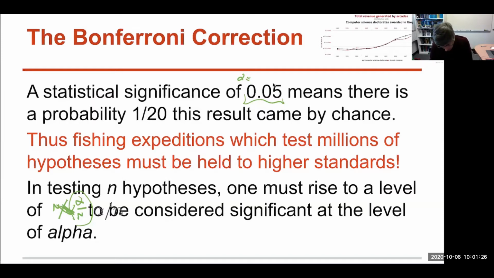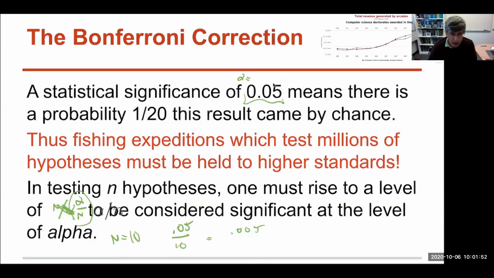So what happens if, let's say, I was testing 10 hypotheses and I wanted to have some result that I believed with a probability of 1 out of 20? Well, if I divide this by 10, this comes out to be 0.005, right? And this would be 5 out of 1,000 instead of 5 out of 100, okay?